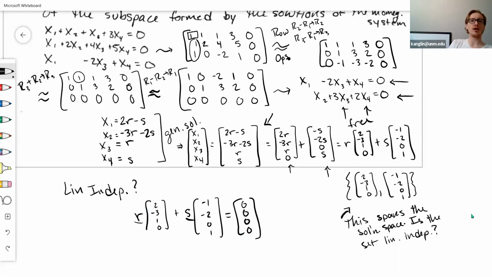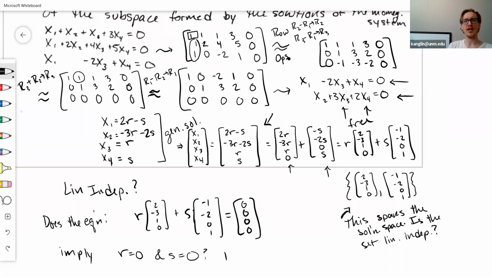So we could say, does the equation r times this vector plus s times the next one equals the 0 vector imply r equals 0 and s equals 0? If so, we have linear independence.